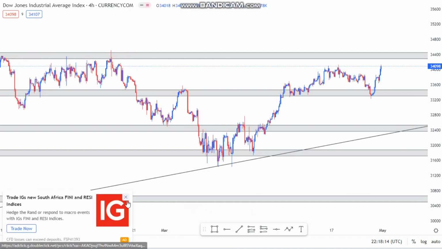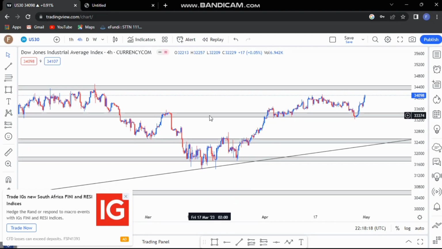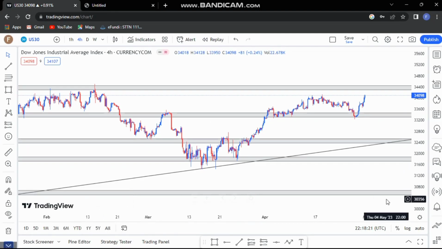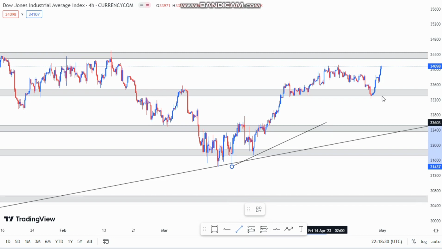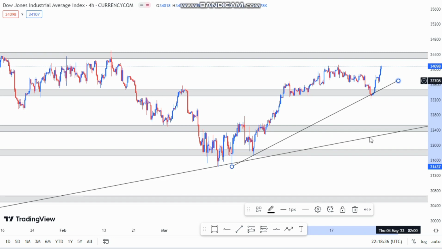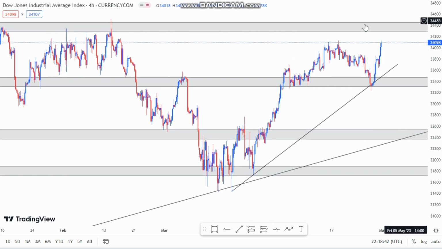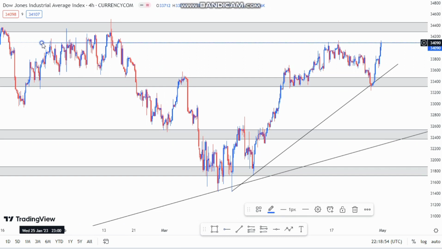So we can see on US30 that from here pushing to the upper side, if we draw this trend line over here, we had first, second, and this was the third touch, and I think we had a bit of a pin bar hammer candlestick over here and a push to the upper side. I don't know about this area here, it looks suspicious. I'm just going to try this to see what's really going on.